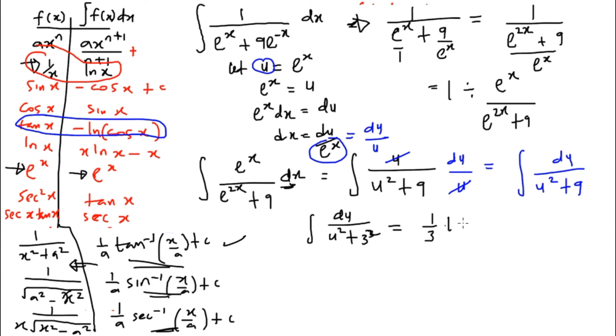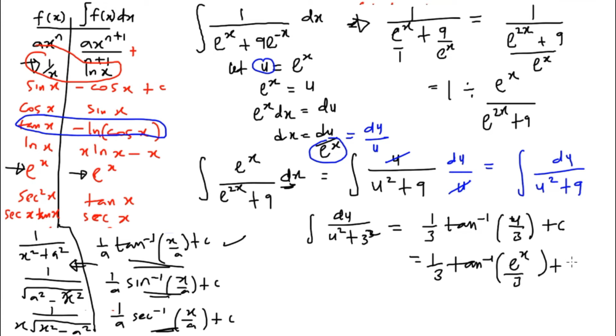I can have it as 1 over 3, then arctan of u upon 3, then plus c. But what is u? u is actually e^x, so that I will have arctan of e^x over 3 plus c. Final answer.